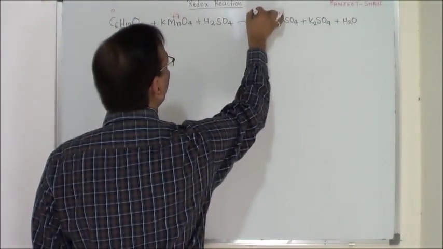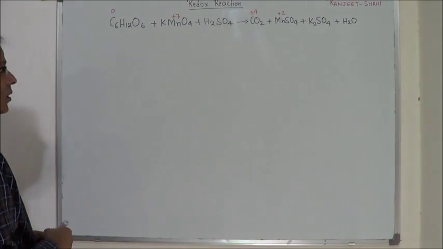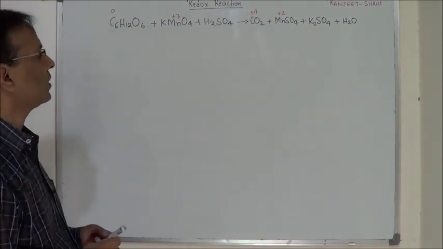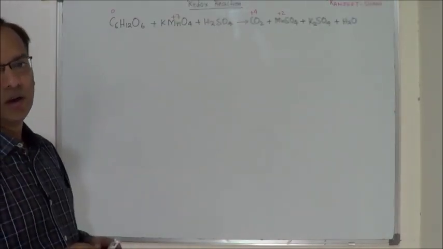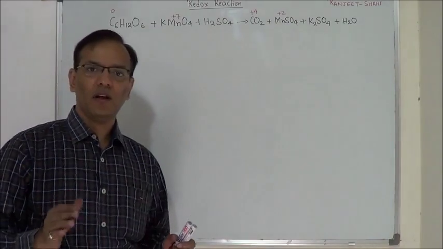On the right side we have carbon in +4 oxidation state. So glucose is undergoing oxidation and manganese is undergoing reduction.